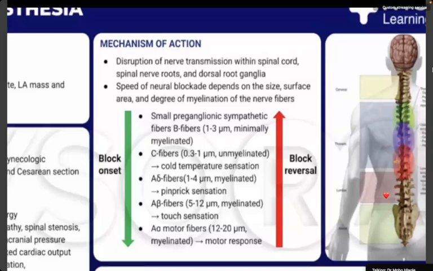And then your cold and temperature will be the ones that will be blocked after. Then your pain, your pinprick will be next, and your touch and sensation, and then you'll get your motor. So even if you put in a spinal and the patient still moves the legs, but they don't have the pain, it's most likely working.